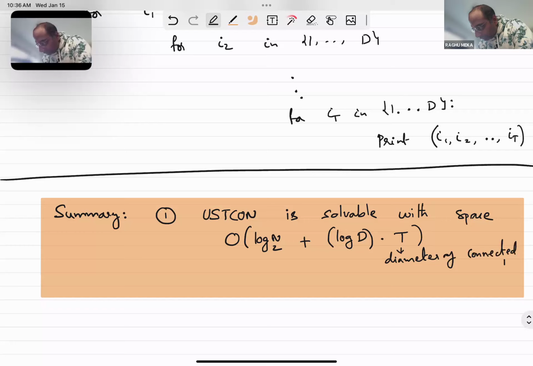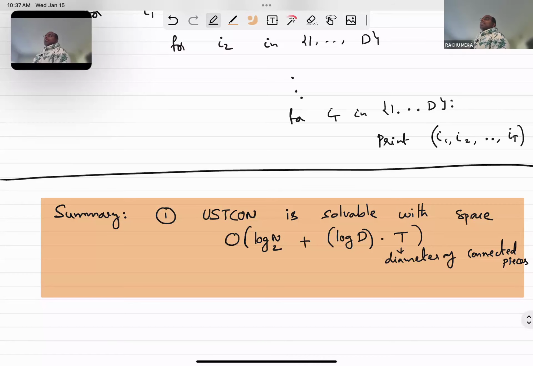So undirected connectivity is solvable with space log n plus log d times t, where t is the diameter of the connected pieces. So there is at least one potentially easy case for solving undirected ST connectivity.